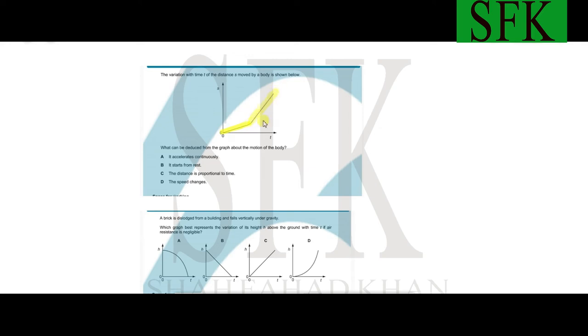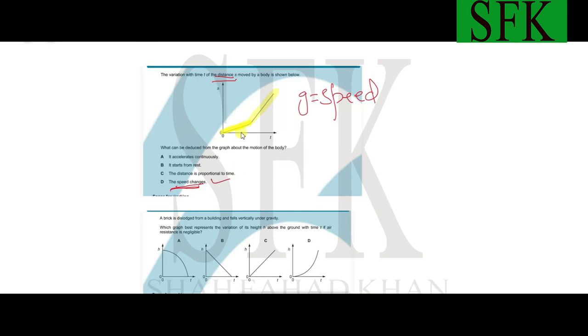This line has a greater gradient compared to the initial line. Okay, so let's see if the speed changes. At the point D over here, it says that the speed changes. We know that the gradient represents the speed for a distance time graph, right? It's a distance time graph. So since the gradient is changing, yes, this is correct. The speed is changing.